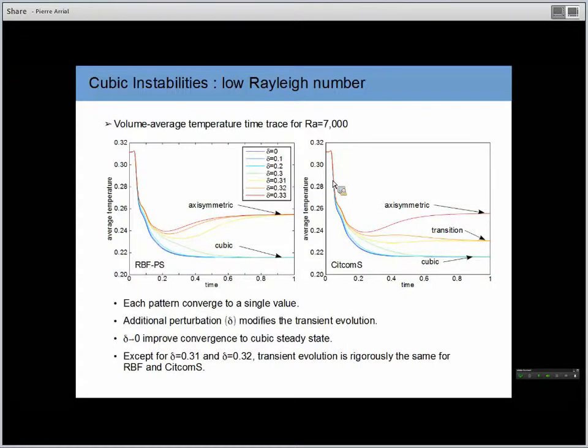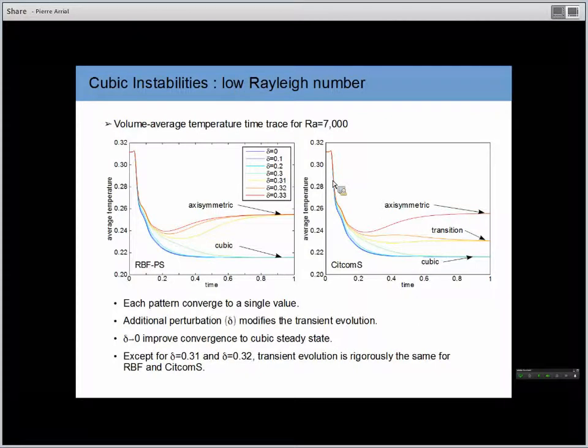And for the transition patterns with CitcomS, these patterns are very similar to the axisymmetric evolution. It just seems that two plumes are going to merge together without really completing the merge along the sphere.